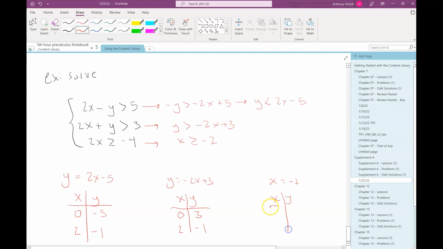And that should be pretty easy, but remember the x equals -2 piece.